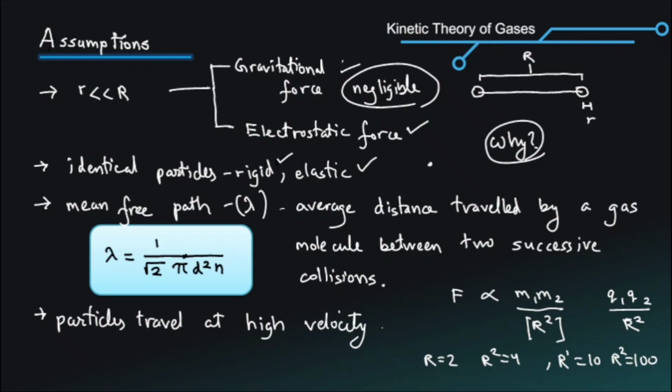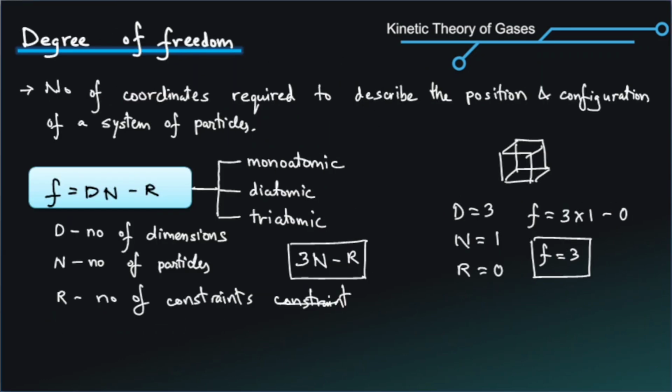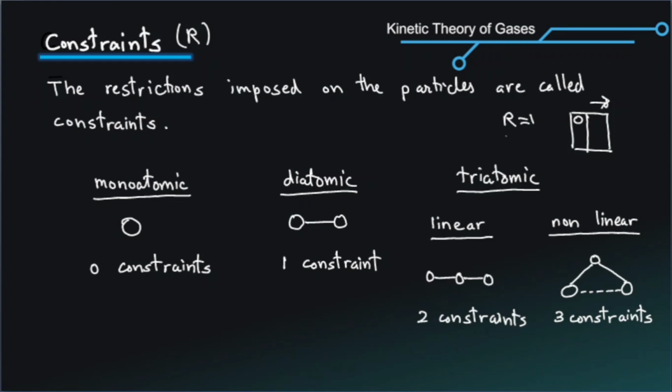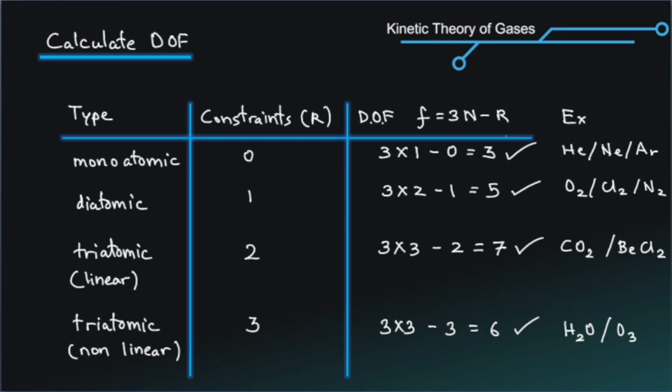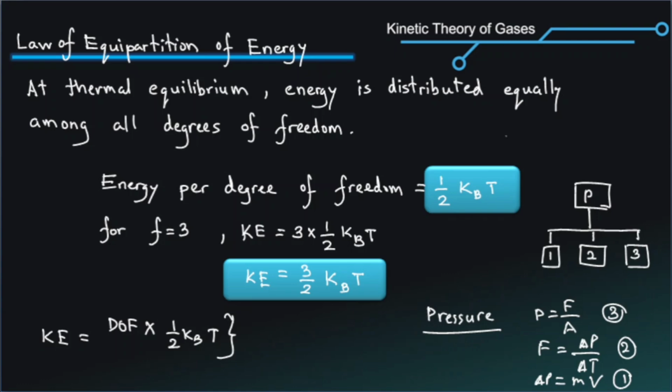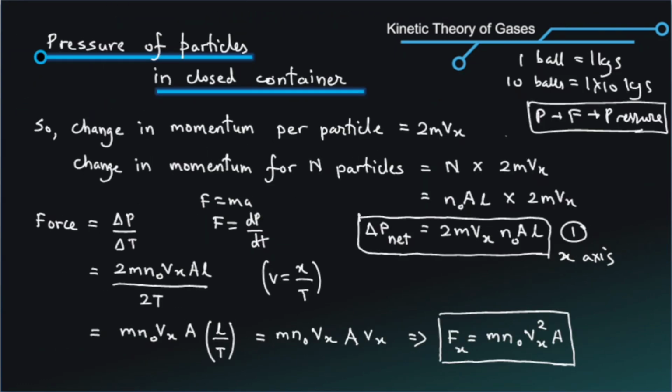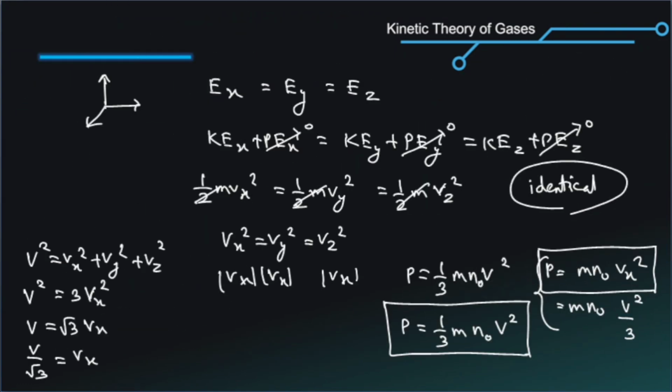First was the assumptions regarding the properties of gas molecules. Then was degrees of freedom. What is a constraint and what not. We have calculated degrees of freedom, law of equipartition of energy, pressure of gas in a closed container, and so far we have done.